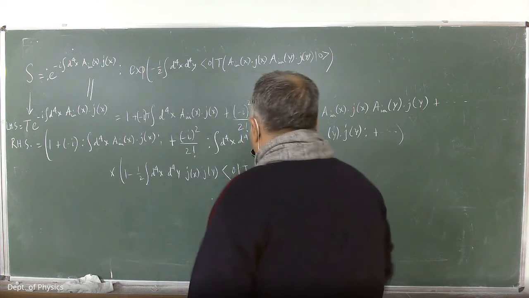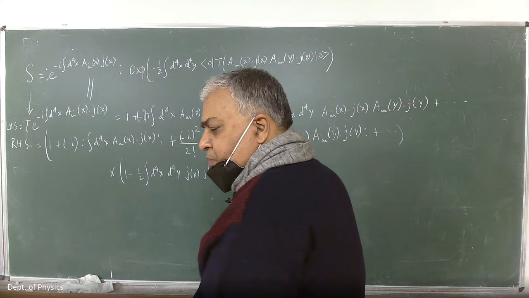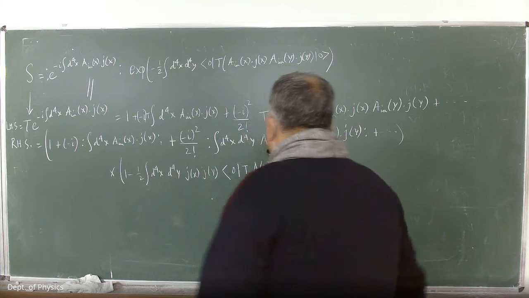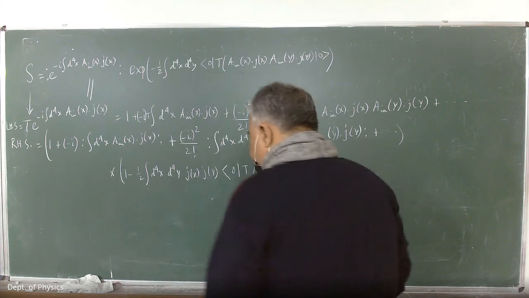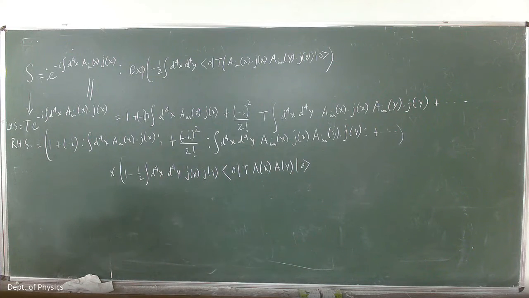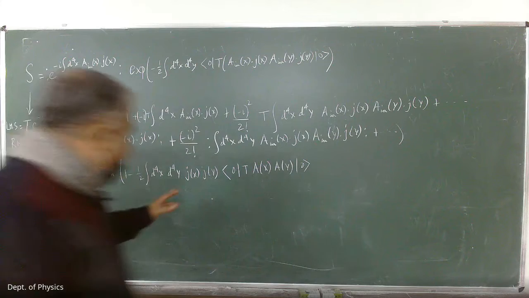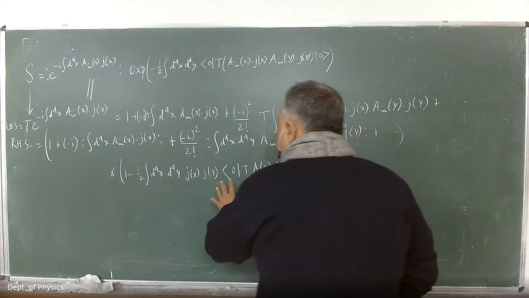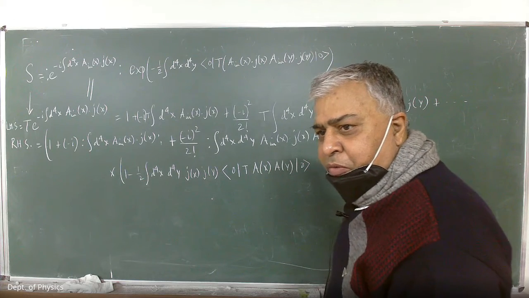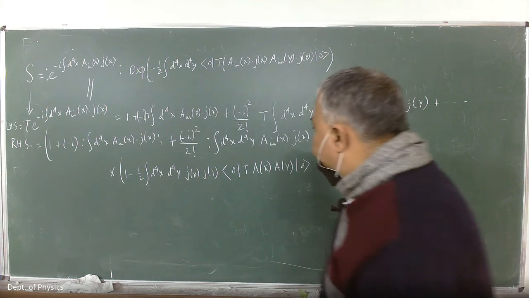Okay, this part I can write down, up to some factor of i, as the Feynman propagator. What was the actual factor? Do you remember? It was the Feynman propagator. Anyway, that you can take care of. Up to some factor of i or something like that, we defined it to be the Feynman propagator.